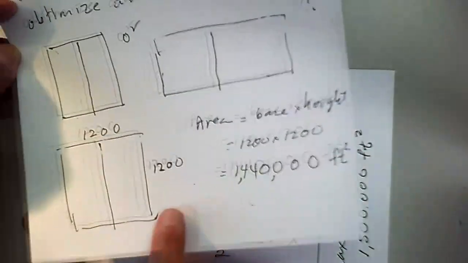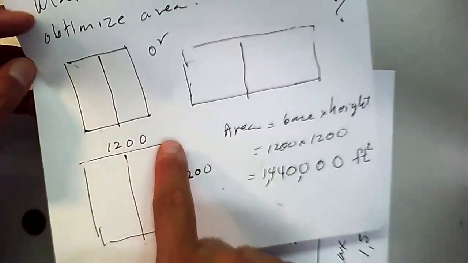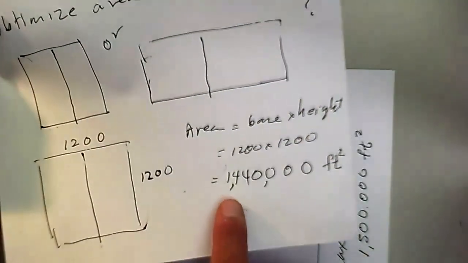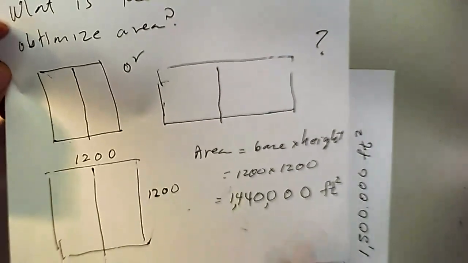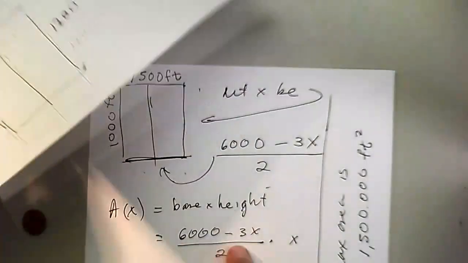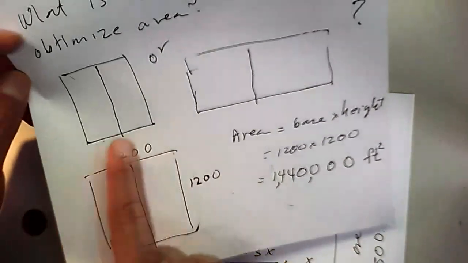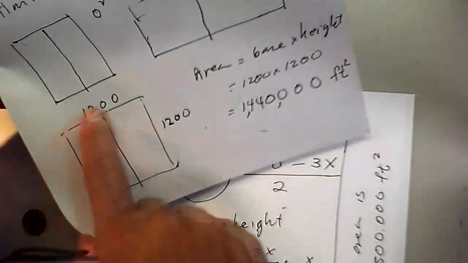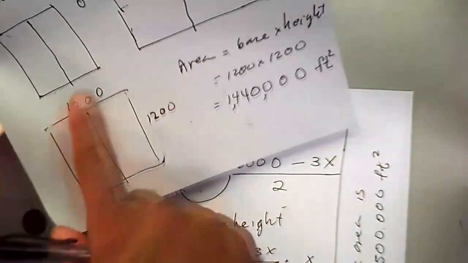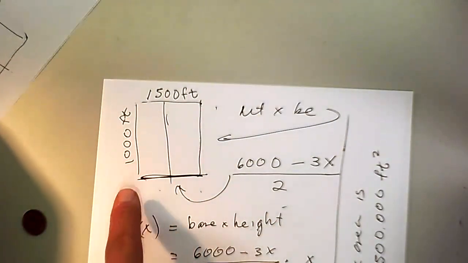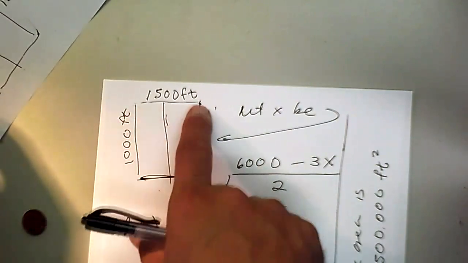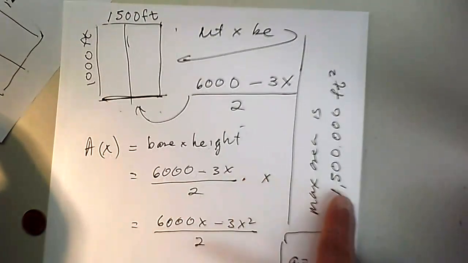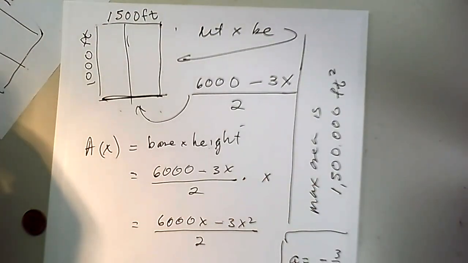Remember, if we set this to be 1,200 by 1,200, we end up with 1,440,000 square feet. But if there is no limitations here, if we have all the space we ever want, all the land we ever want to use, then if we make it 1,000 by 1,500, we're going to end up with 1,500,000 square feet.